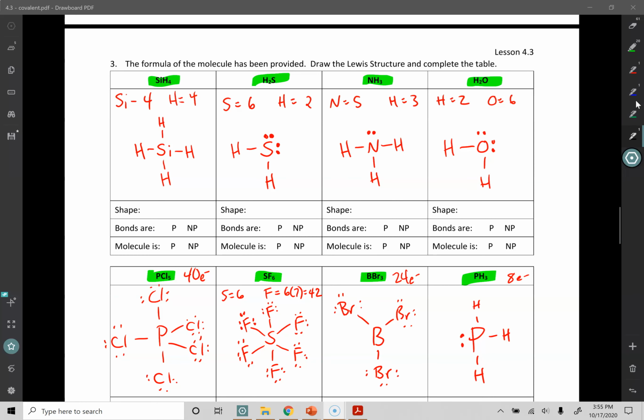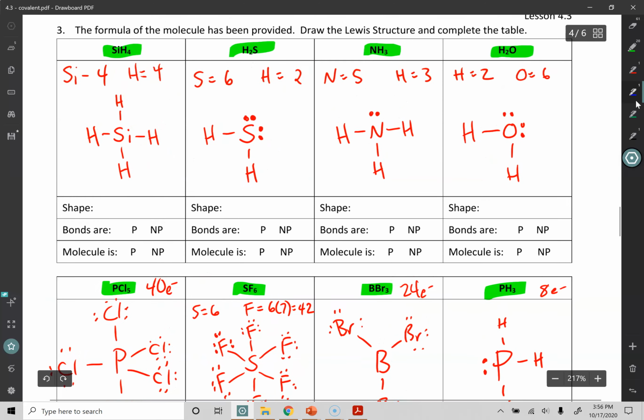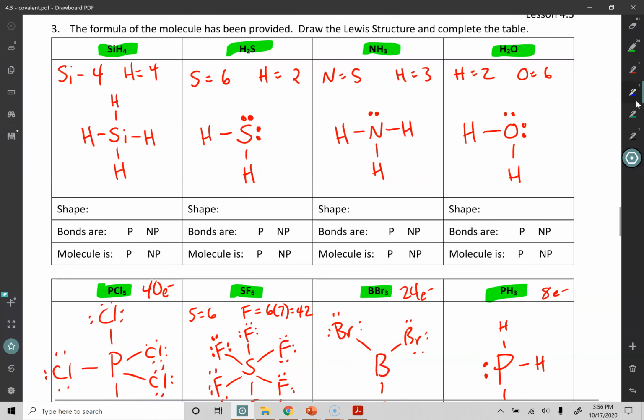So the practice problems for shape and molecular geometry, they're back with lesson 4.3 practice problems. So we went through this in the previous lesson, and I told you that these lower three boxes, shape, bonds, our molecule is, we'd get to later. Well, guess what? It is now later.